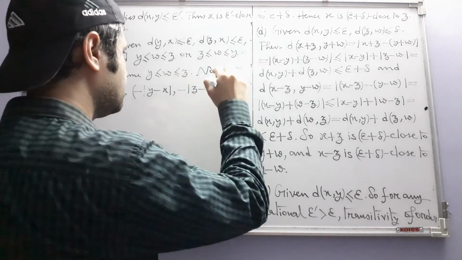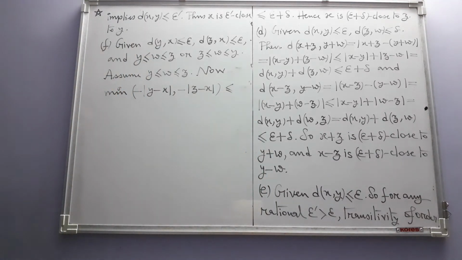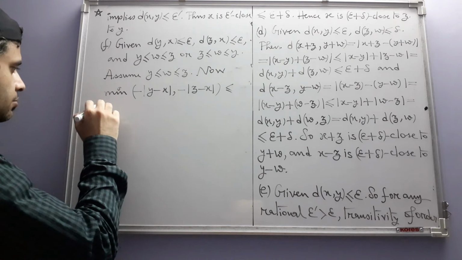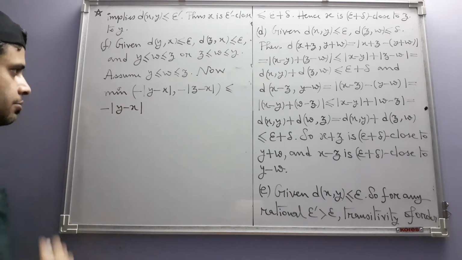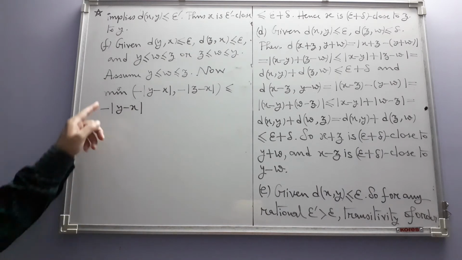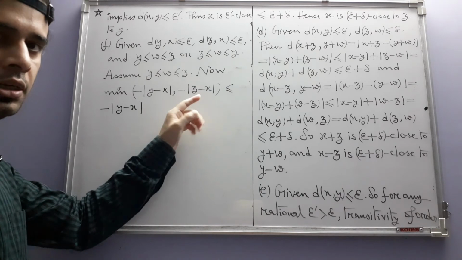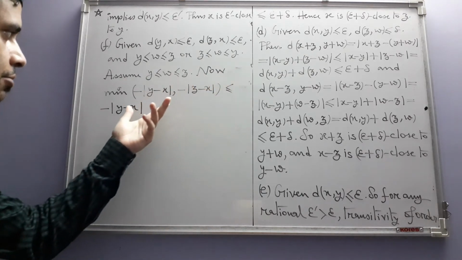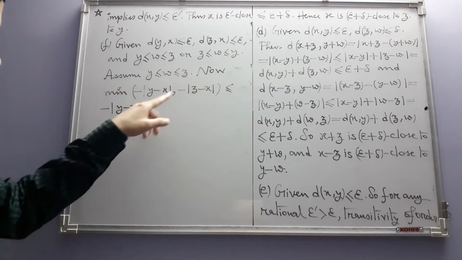Note that the minimum is less than or equal to this. Either this is the minimum or this is the minimum. In any case, the minimum is always, since it's by definition the smaller one, it will be less than or equal to each one of them.